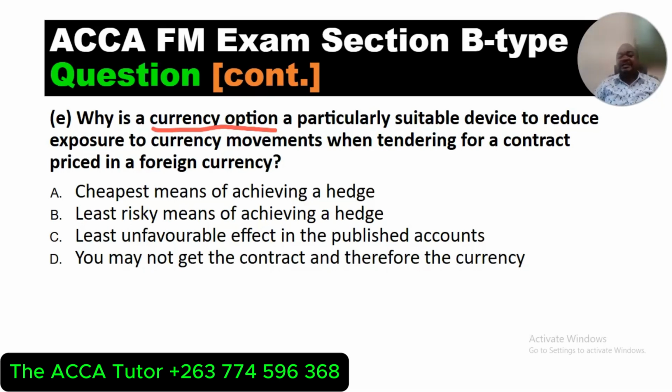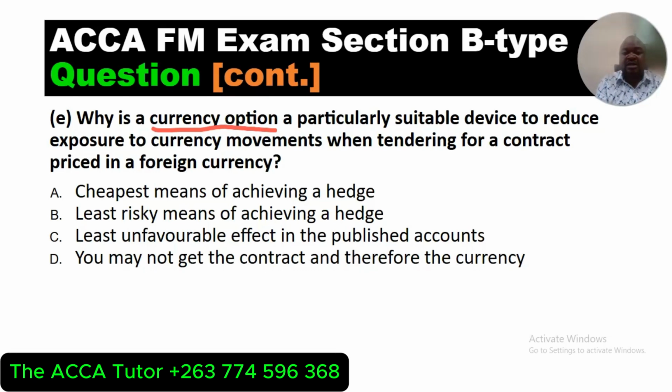What about option D? You may not get the contract and therefore the currency. Okay, I feel that has got something to do with the option flexibility. Remember, you are bidding for a foreign contract. It's not yet yours.